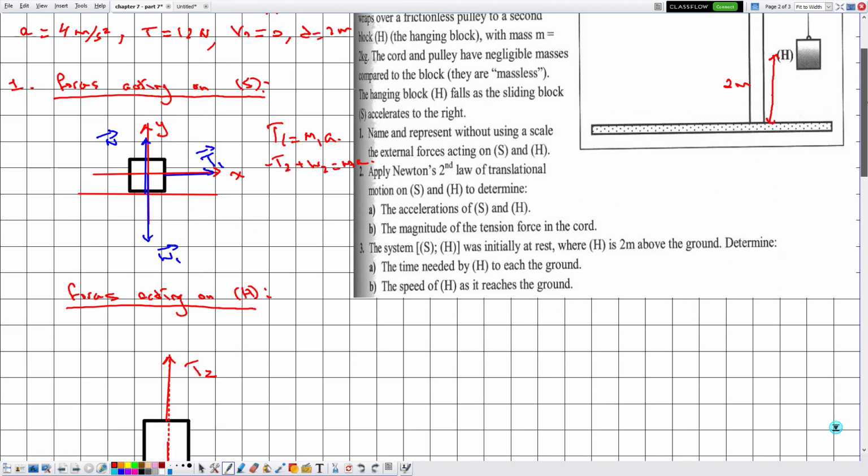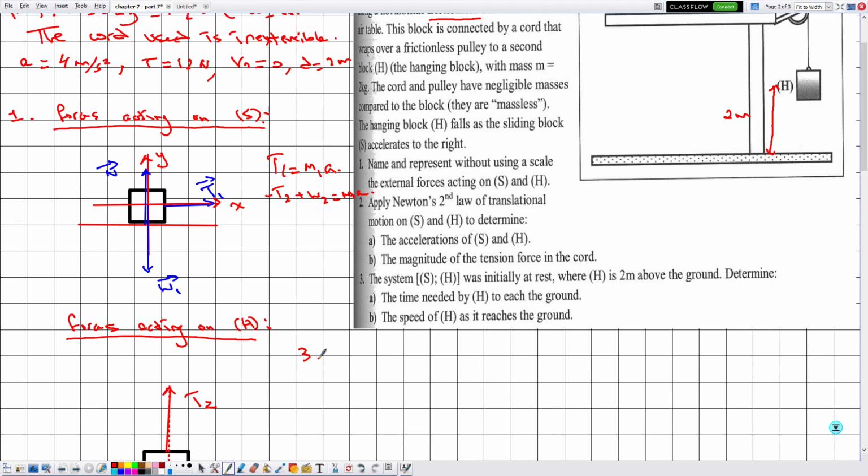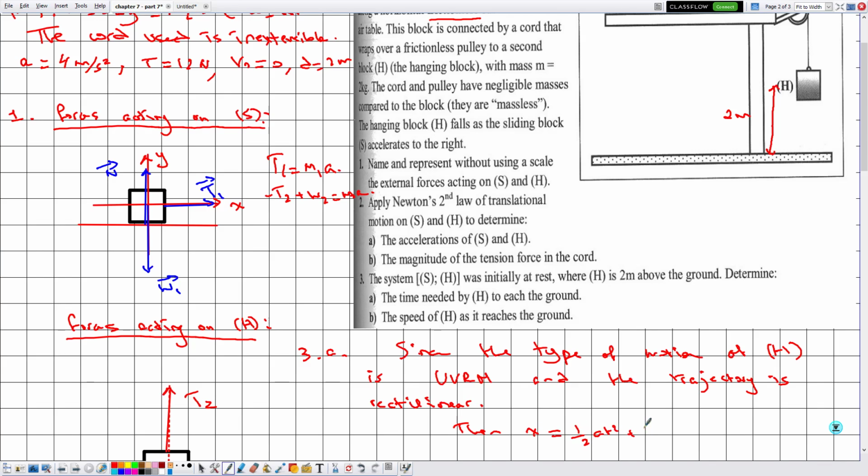So let me say, since the type of motion is UARM, and the trajectory is rectilinear because it's falling vertically downward, then we can say directly that x is equal to half a t squared plus v0 t plus x0.